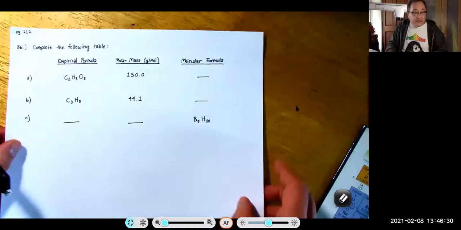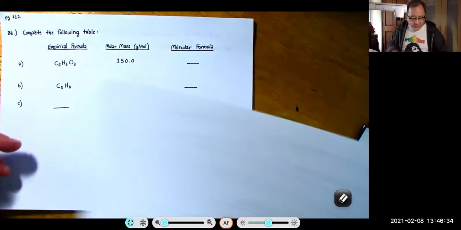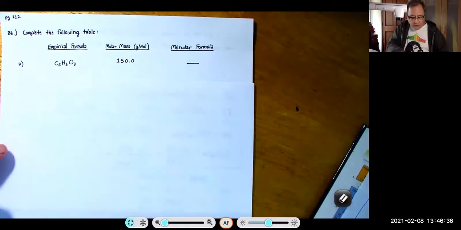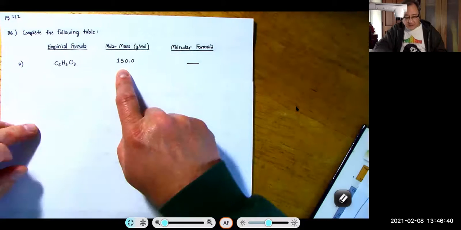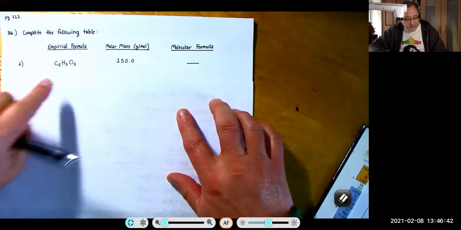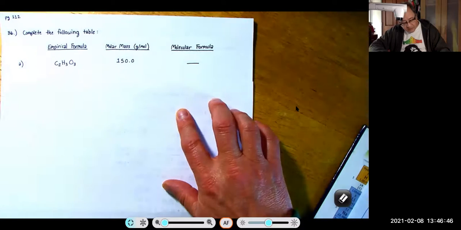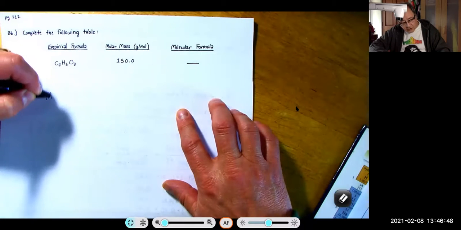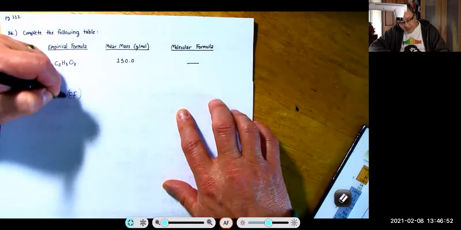So this is just to kind of solidify what we just learned. If we take a look at A, we know the molar mass is 150. We know the empirical formula is C2H3O3. So the molecular formula should be the empirical formula with some multiplier.